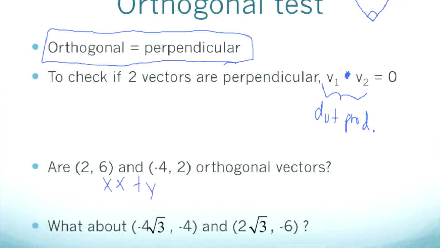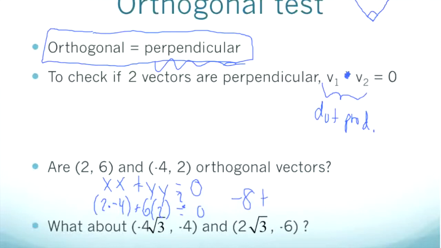So that means, again, x times x plus y times y, and I want it to equal 0. Because if it equals 0, then that means it's perpendicular. So let's try this one. So is 2 times -4 plus 6 times 2, does that equal 0? I'm going to put a little question mark above it because that's what we're checking, right?